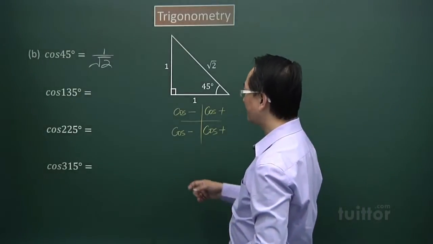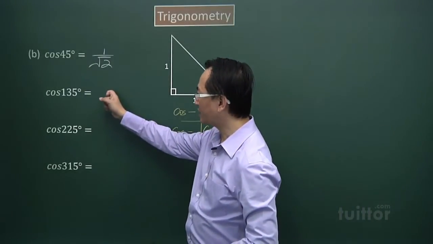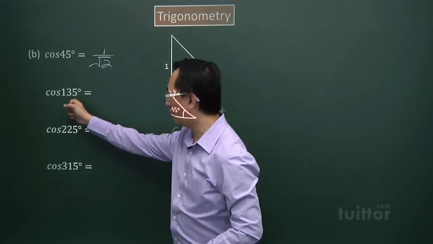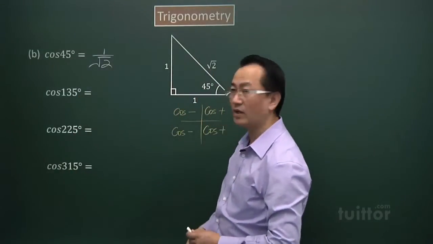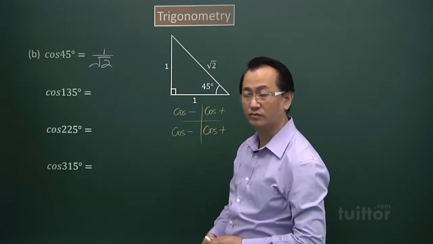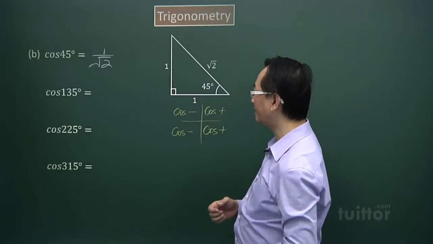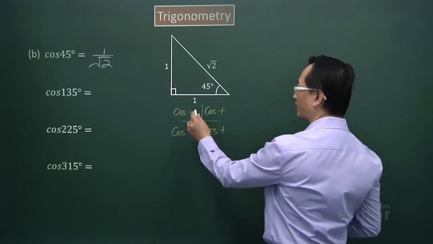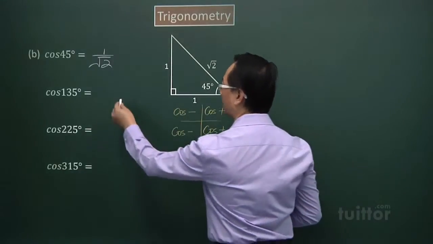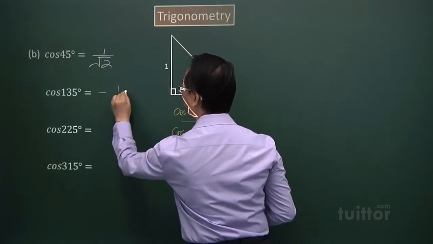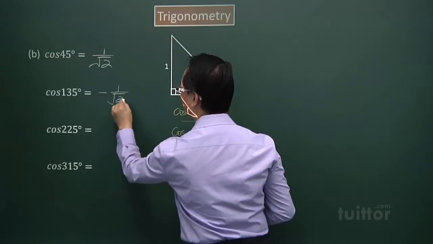So what it means is that the absolute value for all these 3 will be 1 over square root 2. But we have to consider the negative sign. So for second quadrant, I will have negative 1 over square root 2.